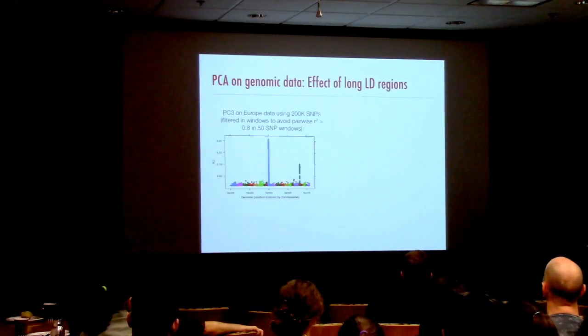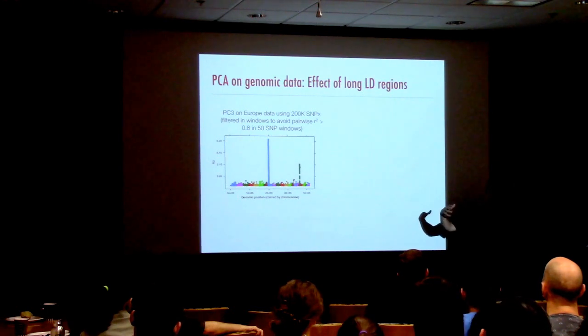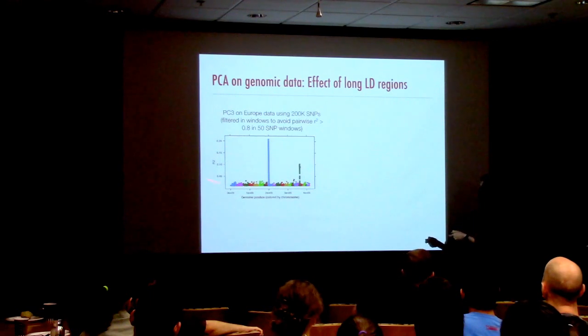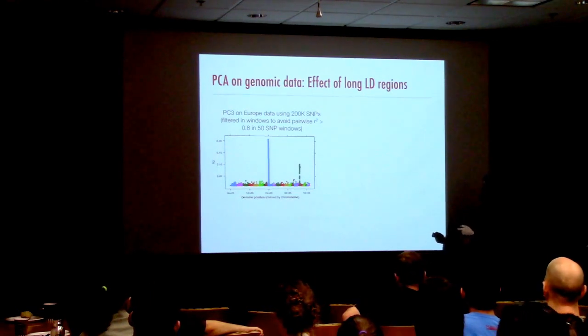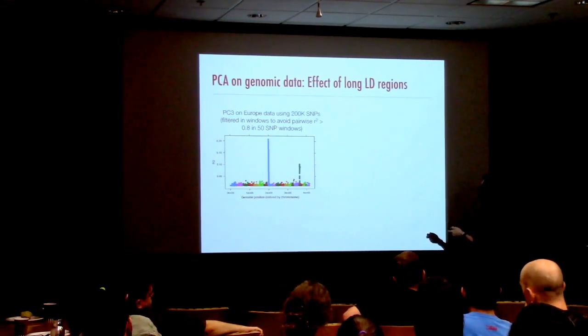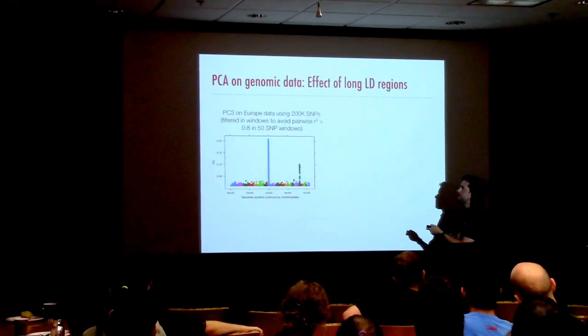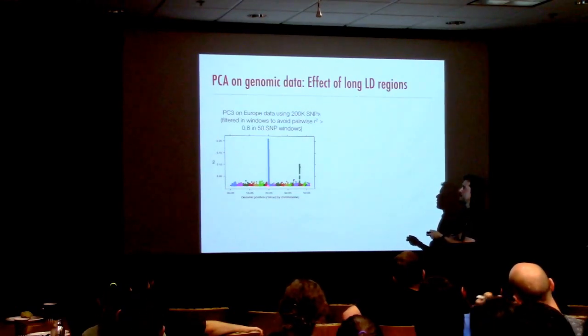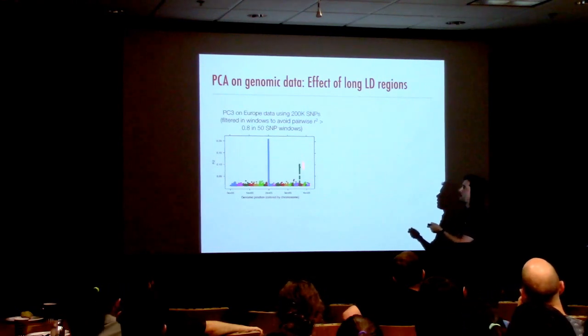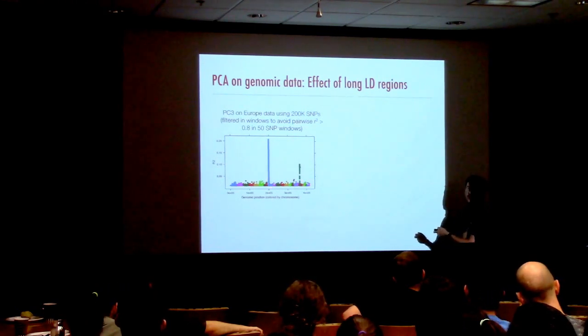Another important behavior is that if you have long areas of high LD SNPs, then the principal components can just focus on explaining those. On the European data on PC3, if you don't do any filtering to catch this, you will get huge loadings on just particular regions of the genome.